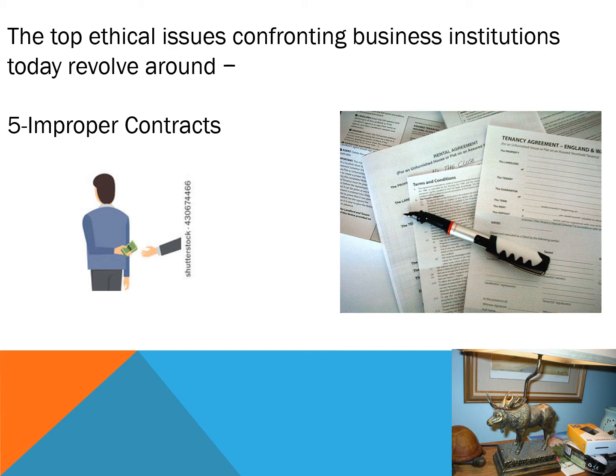The whole thing is purchasing is just open for improper contracts. Payoffs, bribes, kickbacks. Sometimes a person will own a part of a company that they steer business to. Just a lot of things that go on.